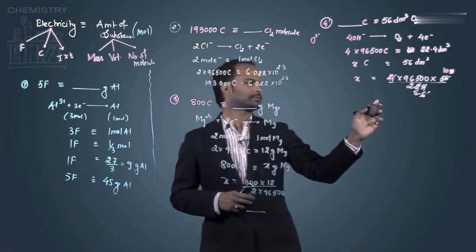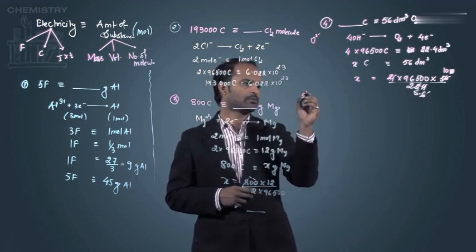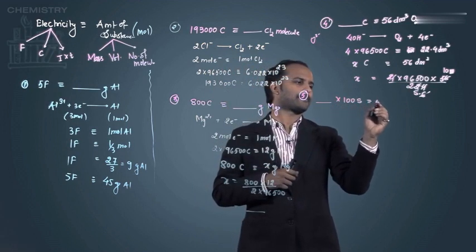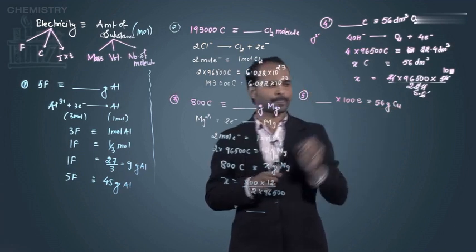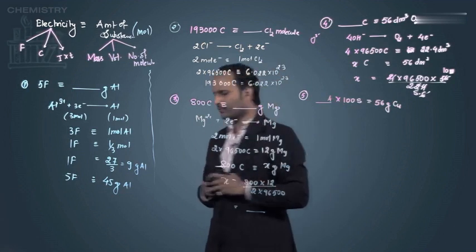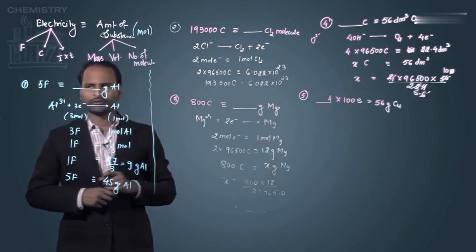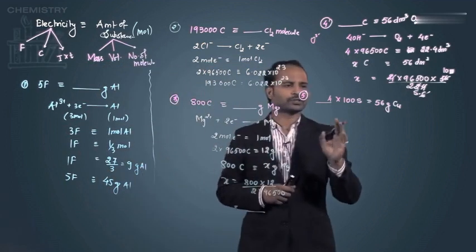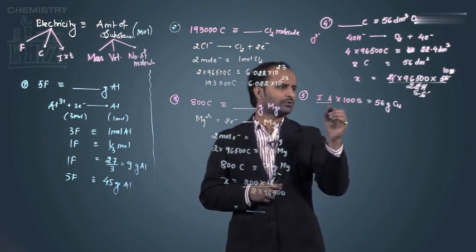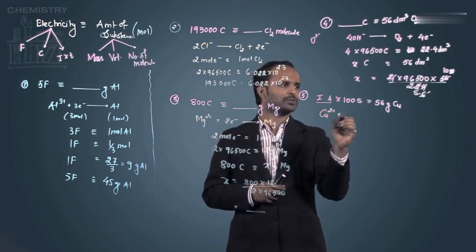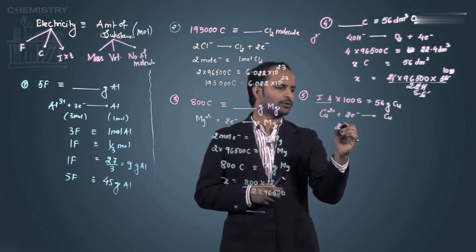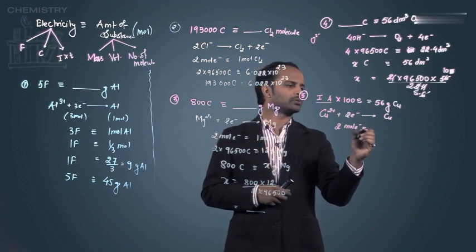Then similarly, question number 5. Here a certain amount of current is passed for 100 seconds, and we get 56 grams of copper. For copper, write the reaction: Cu2+ plus 2 electrons gives Cu. If you pass 2 moles of electrons, the copper produced is 1 mole.